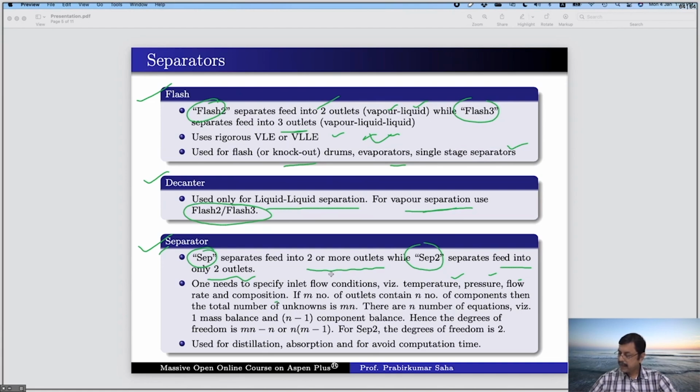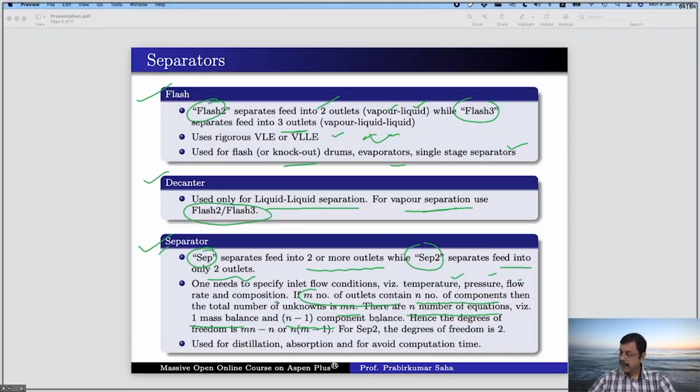For instance, if there are m number of outlets and there are n number of components, then the total number of unknowns are m into n. Now we have n number of equations because we have one mass balance equation and n minus 1 component balance equation.